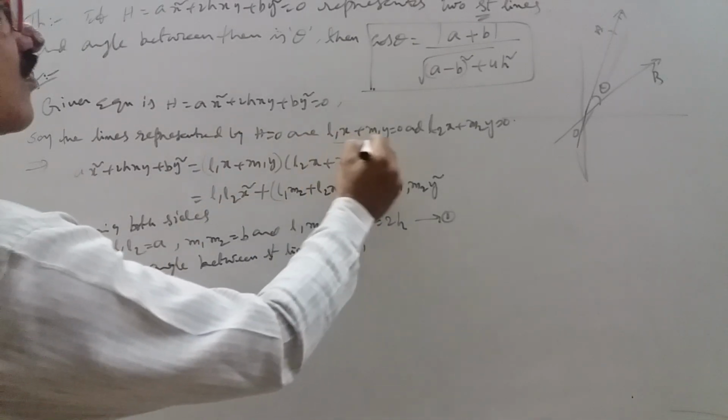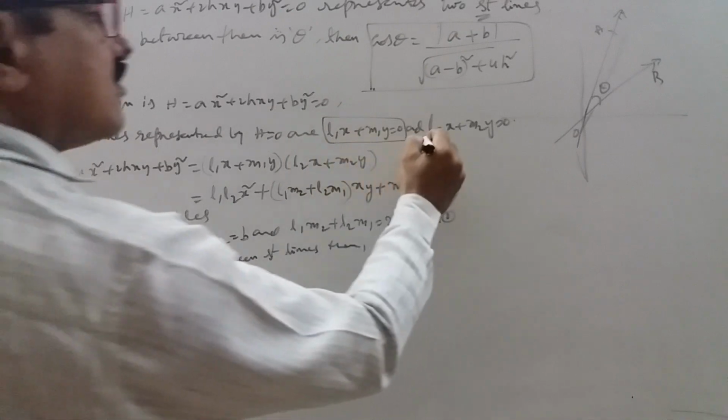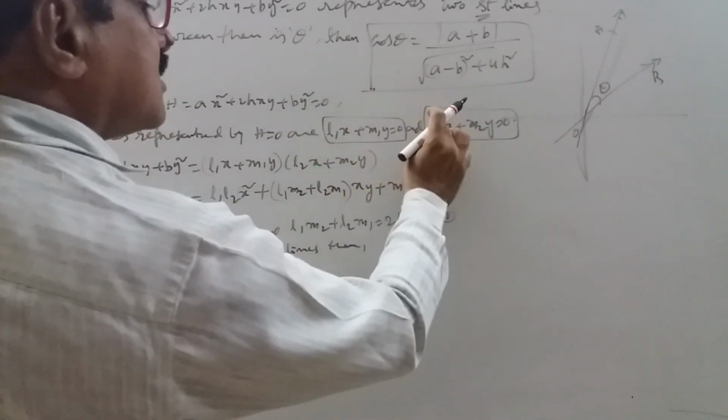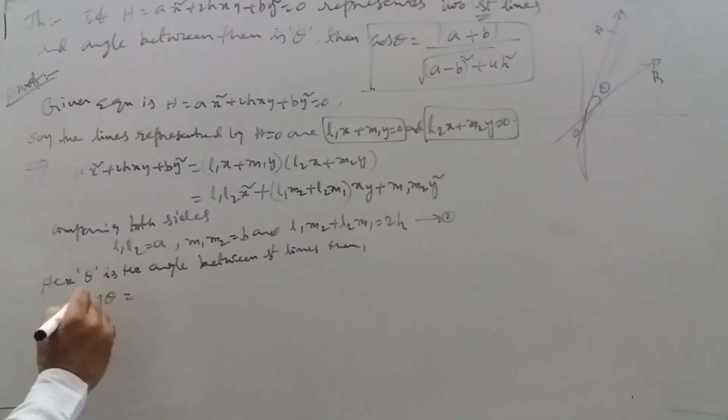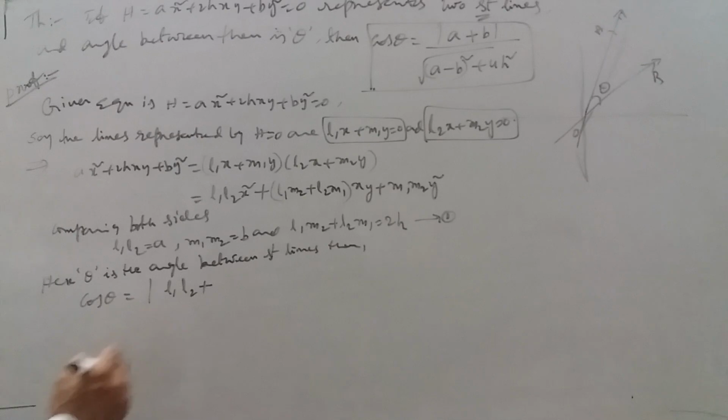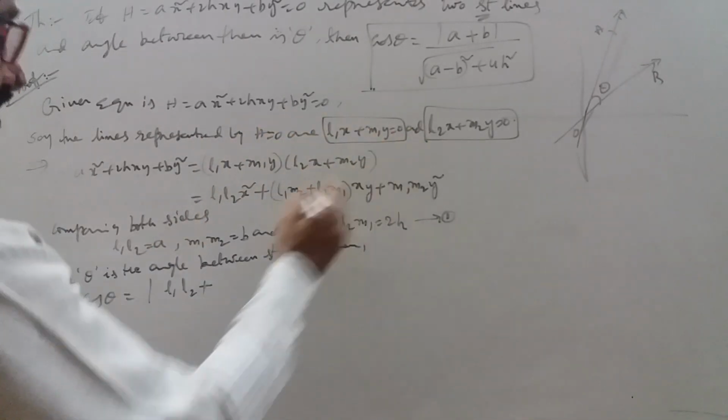Take these two, this one and this one. Instead of a1 there is L1, and a2 is L2. That implies mod of L1 L2 plus M1 M2, that means a1 a2 plus b1 b2 becomes L1 L2 plus M1 M2.